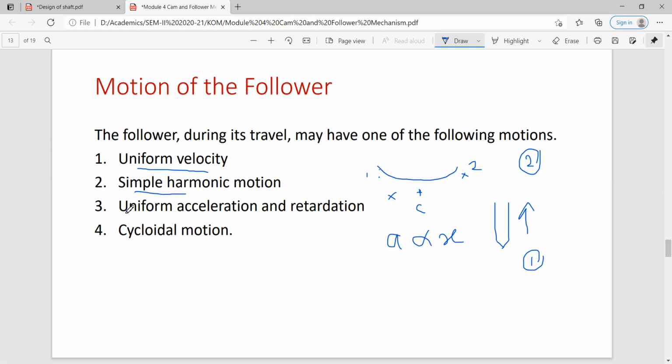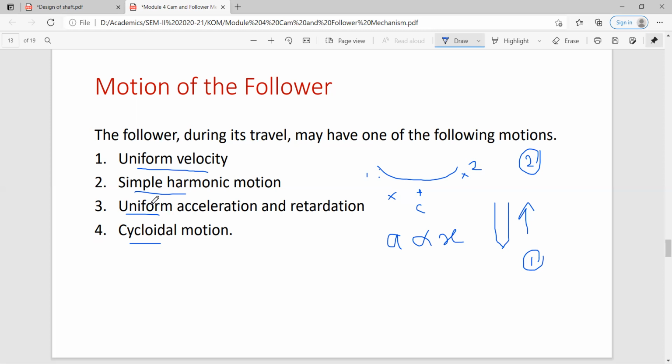Then there is the third kind of motion, uniform acceleration and retardation. This I will explain in the next lecture. Next is the cycloidal motion, which will also be explained in the next lecture.